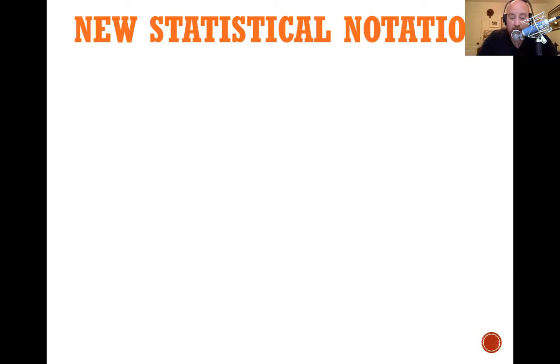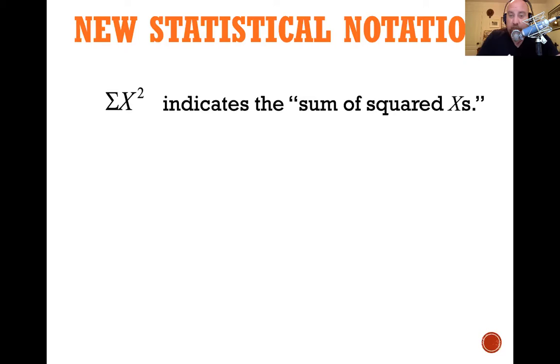I'm going to show both of them to you because I feel like the definitional formula shows you more why we're using the calculations that we use for calculating the spread around the middle. And then the computational formula does all the work for you in a much faster way, but you don't really see the logic behind the formula unless you understand a lot more about notation, right? So I'll show you both. You can use either one. But before we get to any types of formulas, let me just show you some new notation for this chapter.